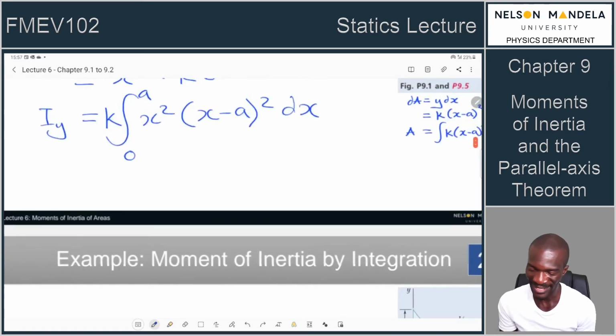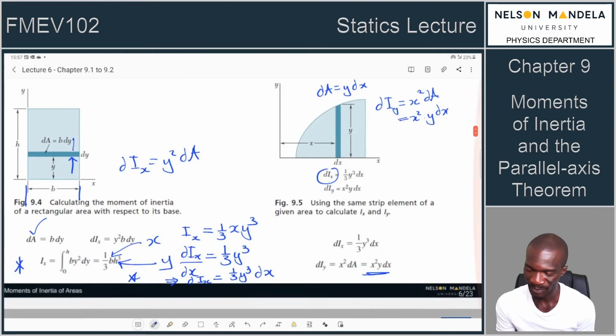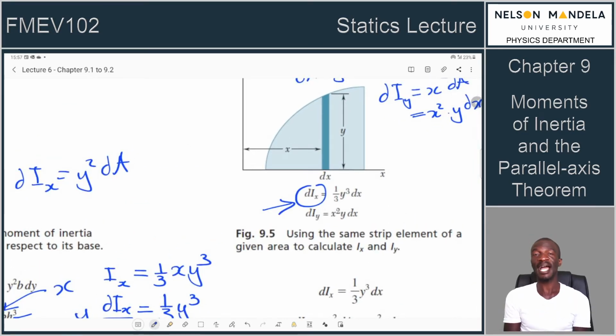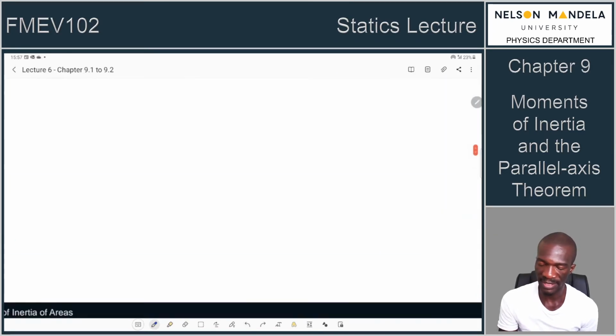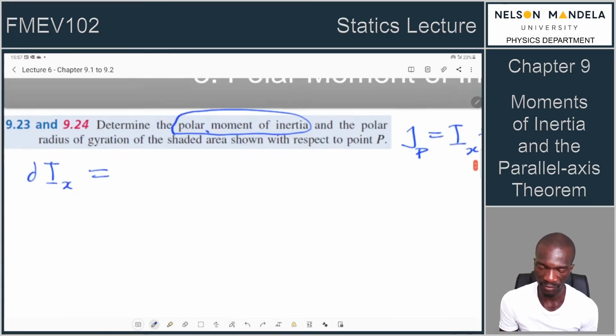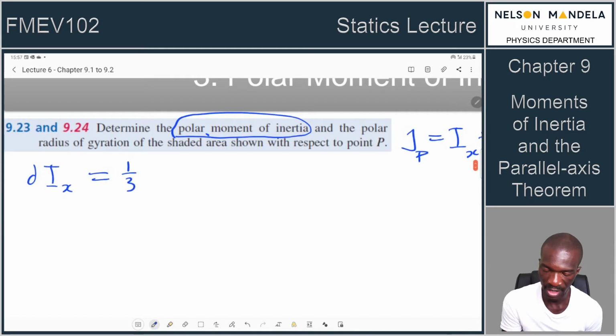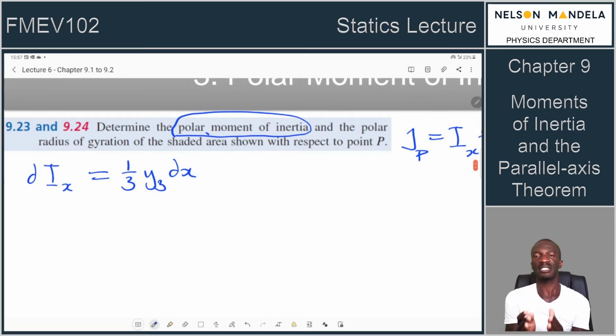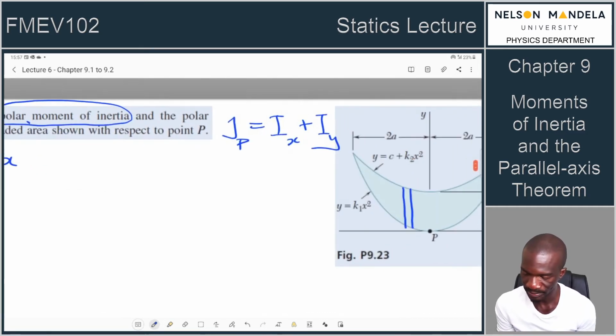It is 1/3 of y cubed with respect to x. So we have 1/3 of y cubed dx. That's our moment of inertia of a vertical strip about the x-axis.